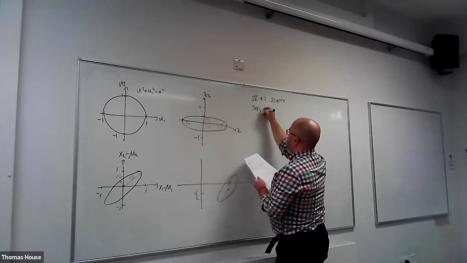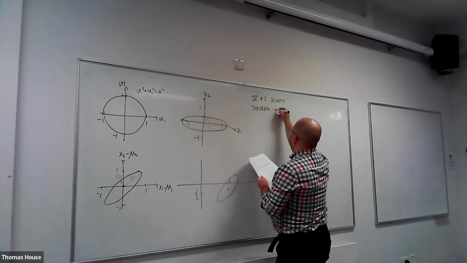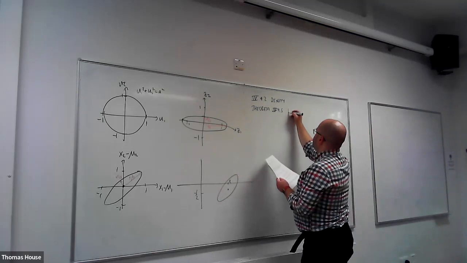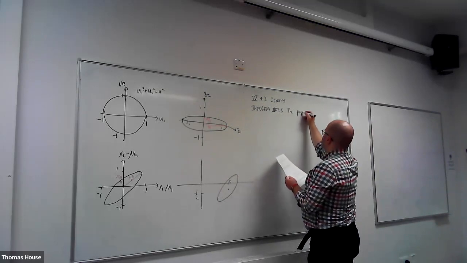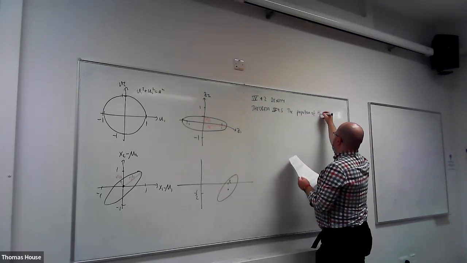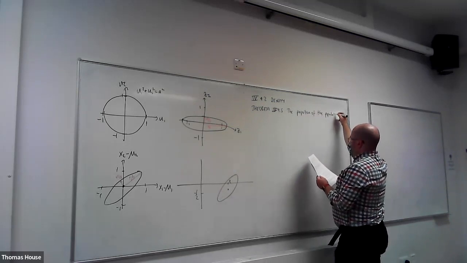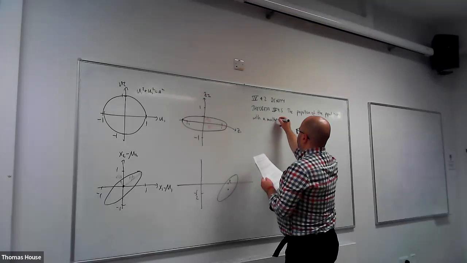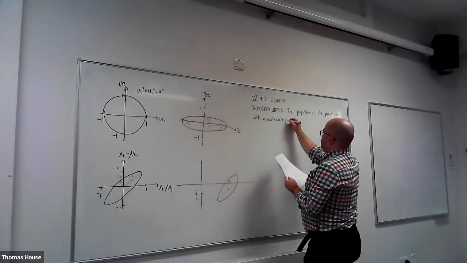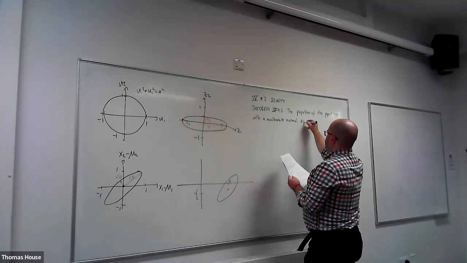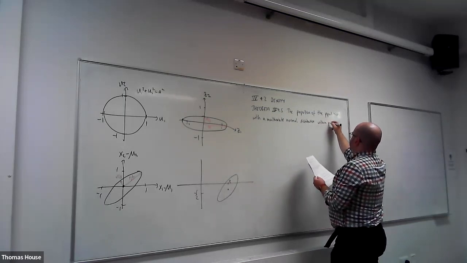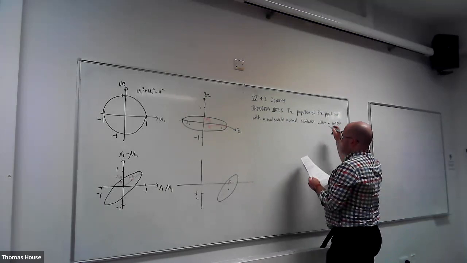Okay, so the main result we're going to derive, and this is hot off the press, so I'm going to do this differently from the notes, is the proportion of the population of the multivariate normal within the contour.